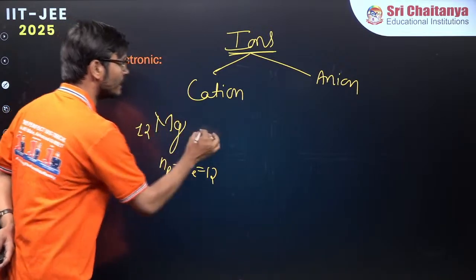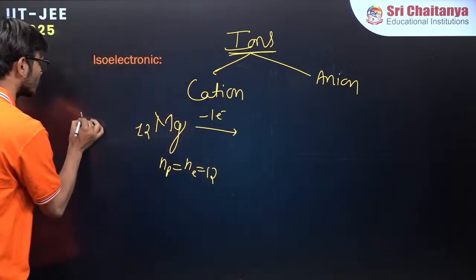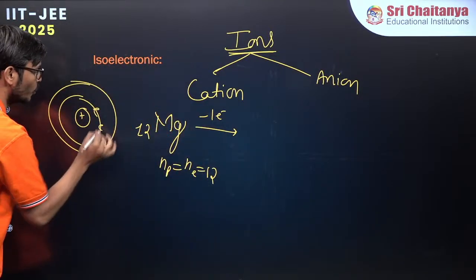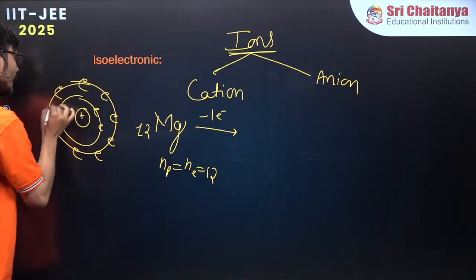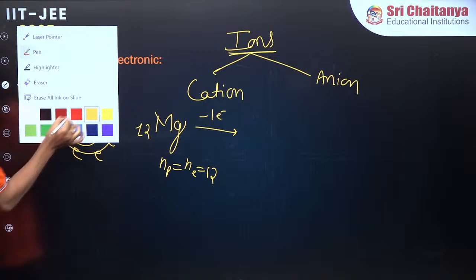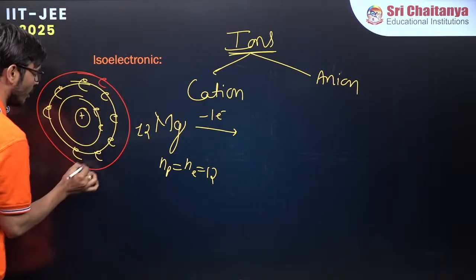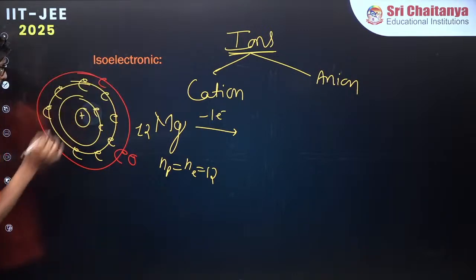Now, let us say if I remove one electron, you can look at the structure also. This is the nucleus, first orbit, second orbit. So 1, 2, then 1, 2, 3, 4, 5, 6, 7 and 8, 8 to 10. Now, this is the third orbit containing, let us say, 2 electrons. This is very easy to everyone.